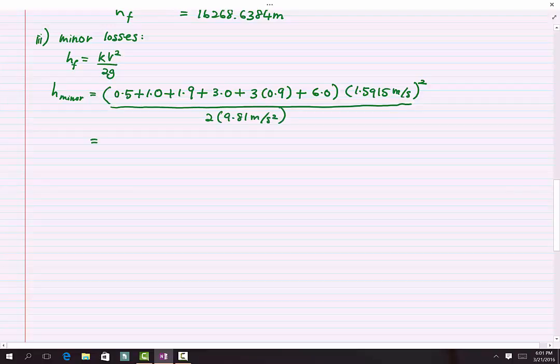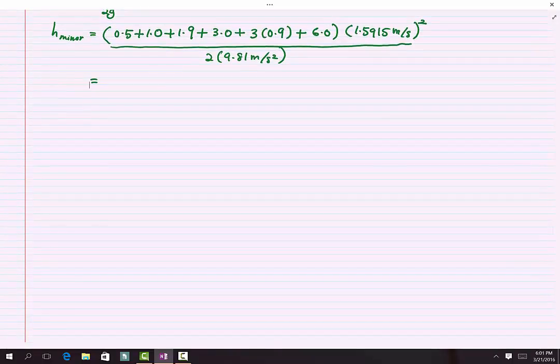So you will get H minor equal to 1.9494 meter.